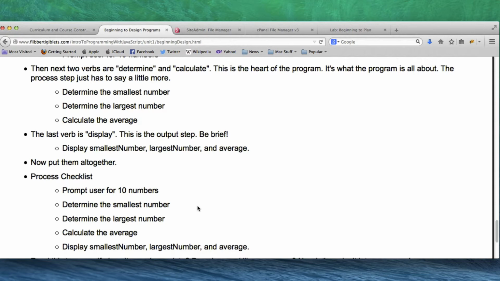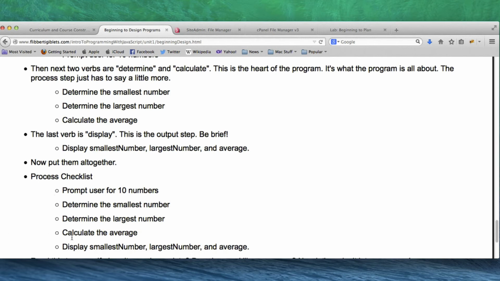So what I like to do in my actual program code is put a whole bunch of comments in there. So the first comment is going to be declare variables. All of my input variables and my output variables are going to be defined right under my declare variables comment.